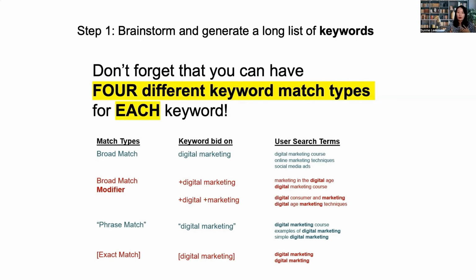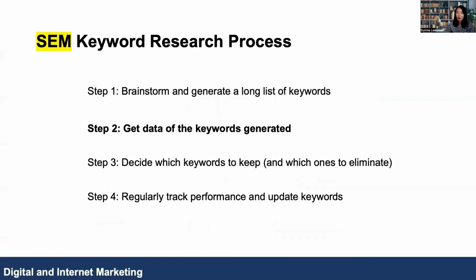Those are considered different keywords, so use different match options. For the sake of homework, you'll be fine if you just have 20 different keywords to complete it, but you can easily go over 100 keywords. So now we have a list of potential keywords that you can bid on for a business.